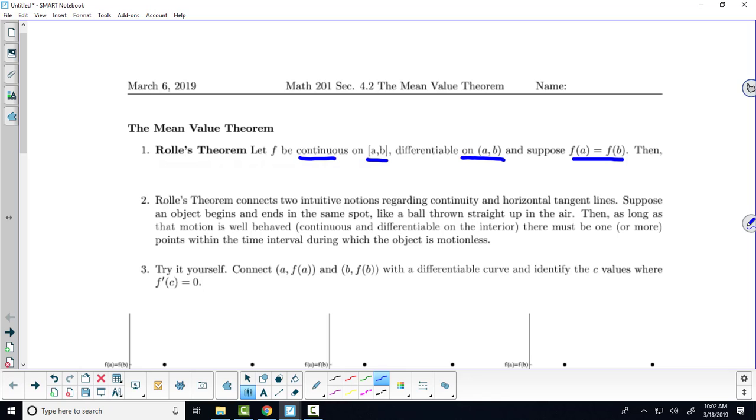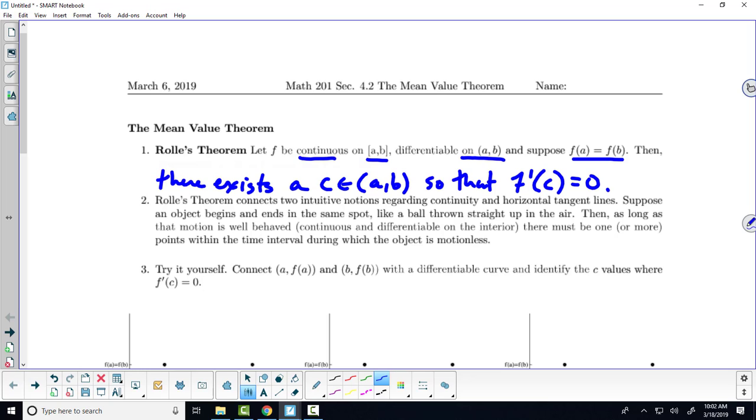If that's the case, then there exists a c in the open interval a to b so that f prime of c equals 0. So here I say that Rolle's theorem connects two intuitive notions regarding continuity and horizontal tangent lines.